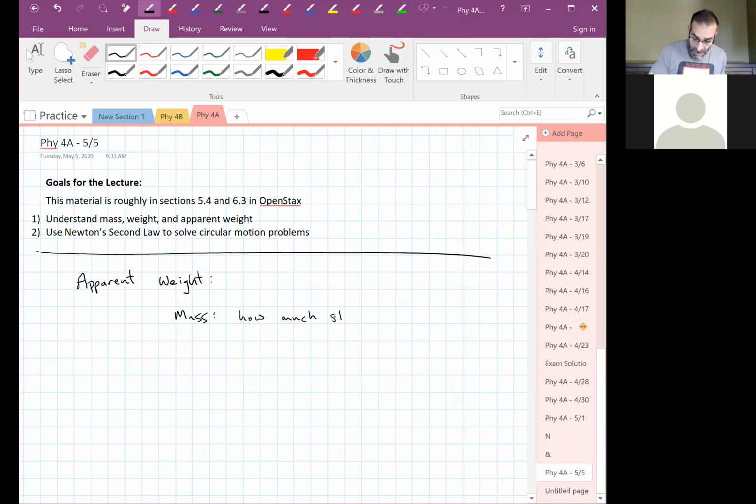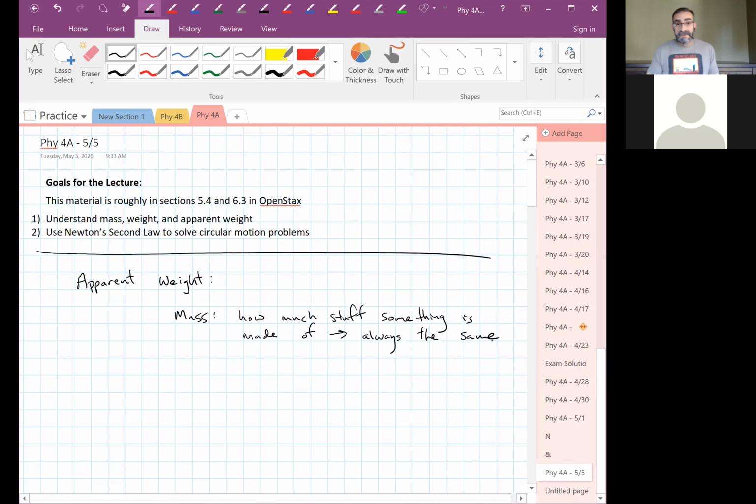Mass is how much stuff something is made of, and this is always the same. Okay, no matter where you are in space, mass is mass, does not change.